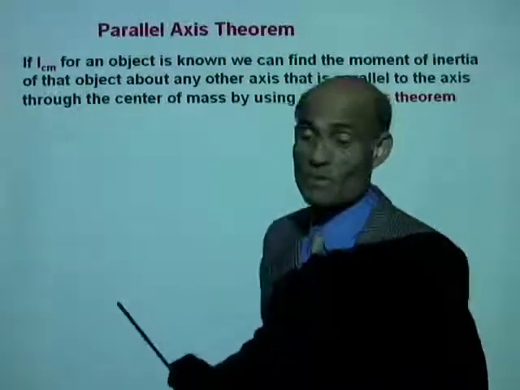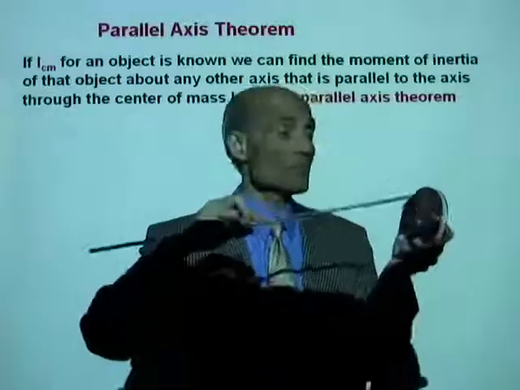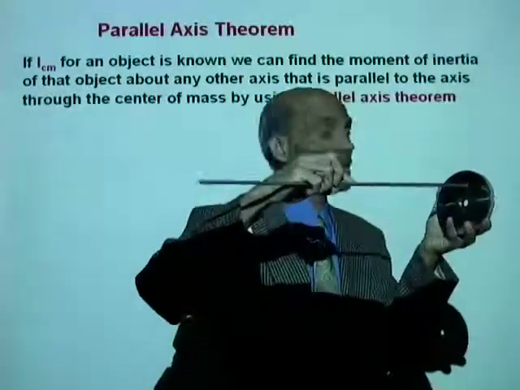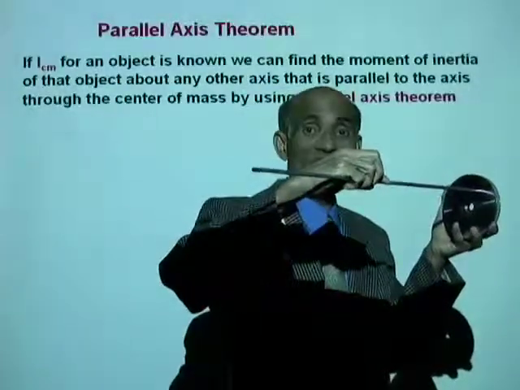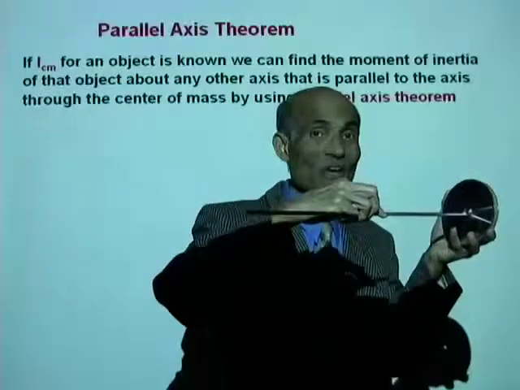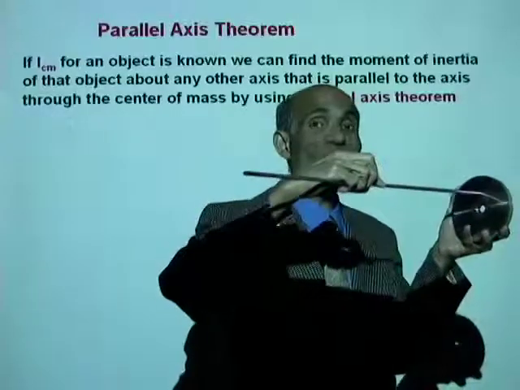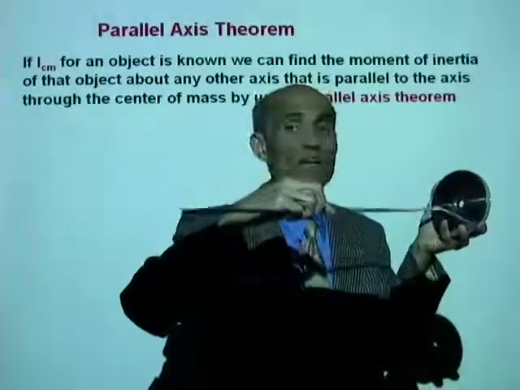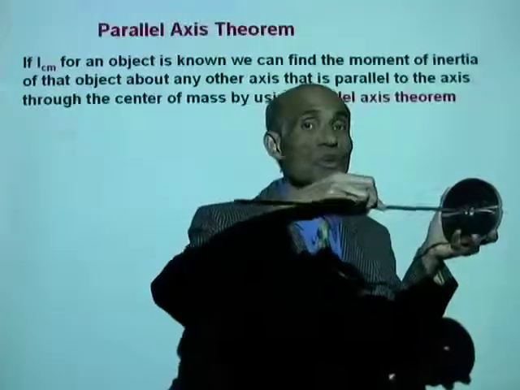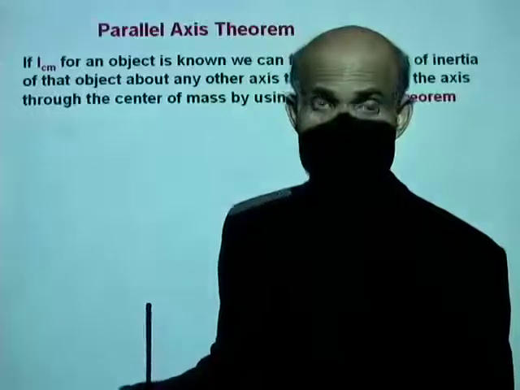In other words, the parallel axis theorem is useful only to find the moment of inertia about an axis that is parallel to the axis through the center of mass. That's why it's called the parallel axis theorem. The new axis that we consider must be parallel to the axis that passes through the center of mass.